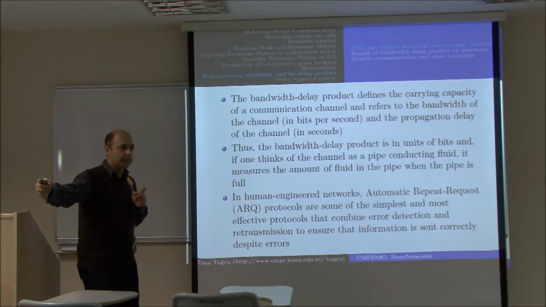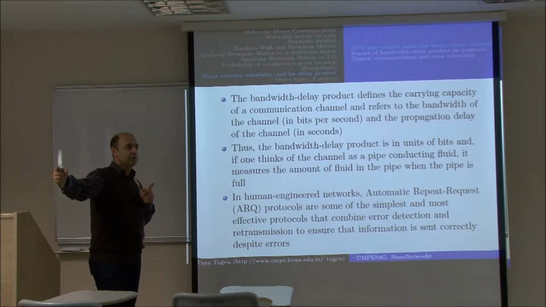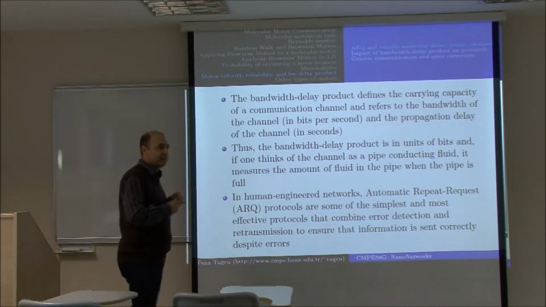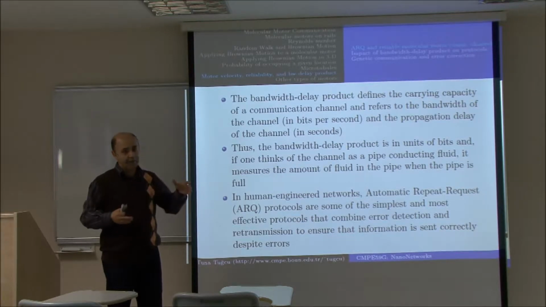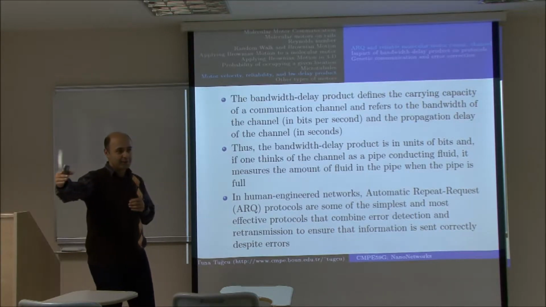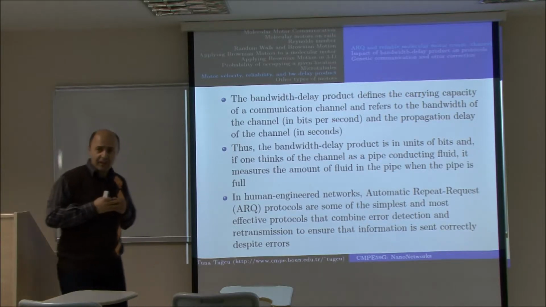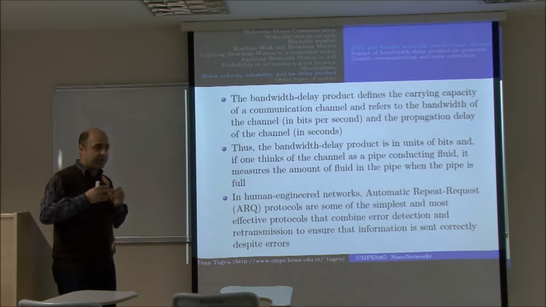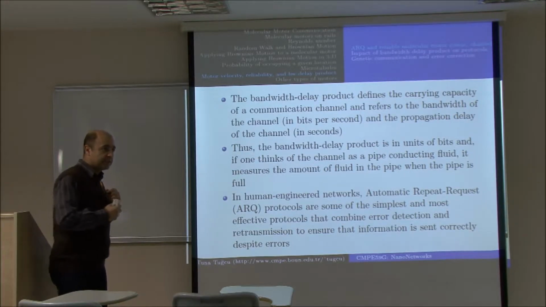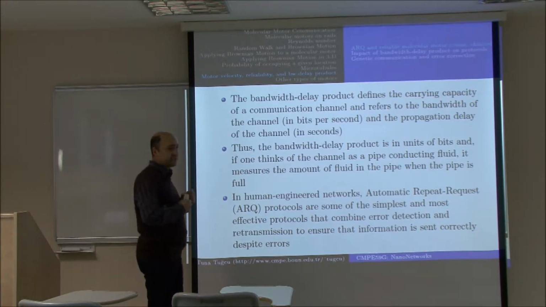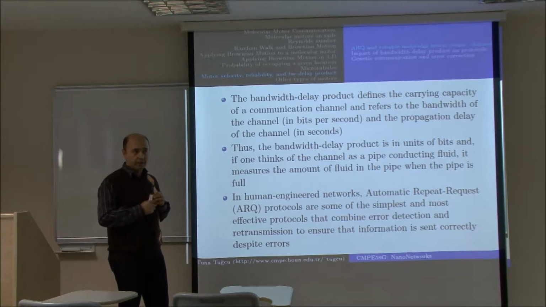A very good example of that, something we often discuss for bandwidth delay products, is the satellite channel, where you have a very wide band and also a very large delay. That's why the bandwidth delay product in the case of a satellite link would be very high.